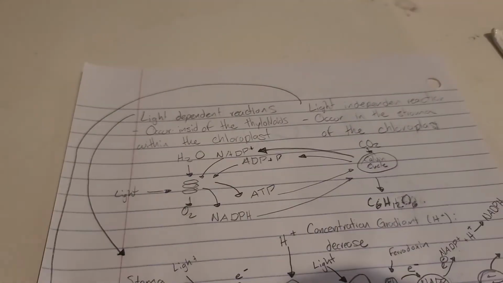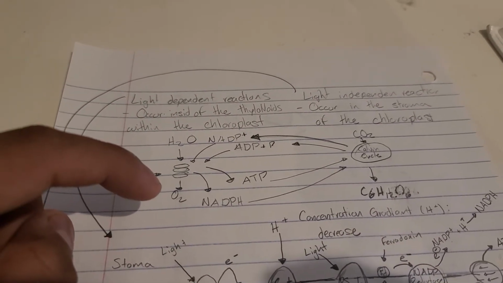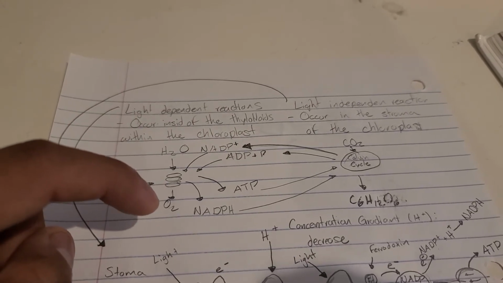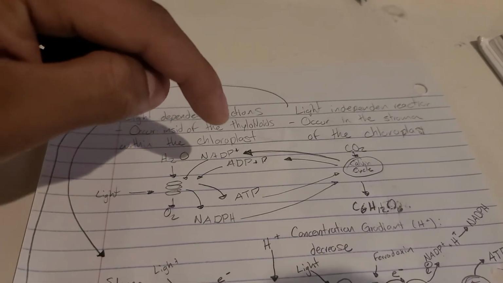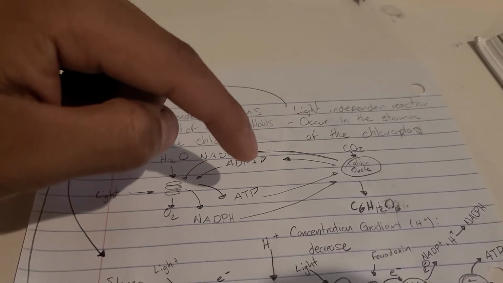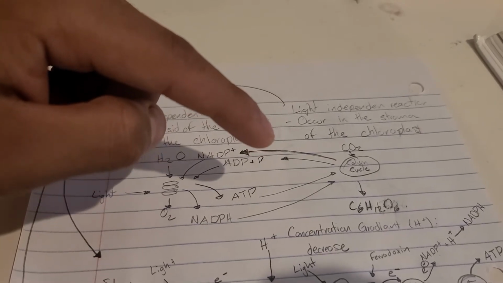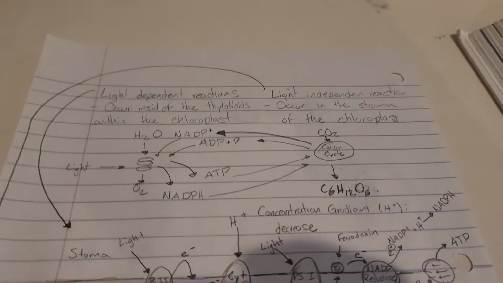The basic thing is you have water and light come together to create oxygen, and then you also have NADP plus and ADP plus phosphate to create ATP and NADPH.